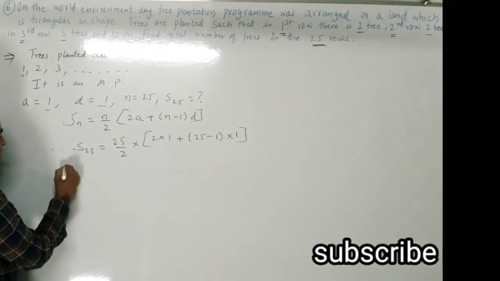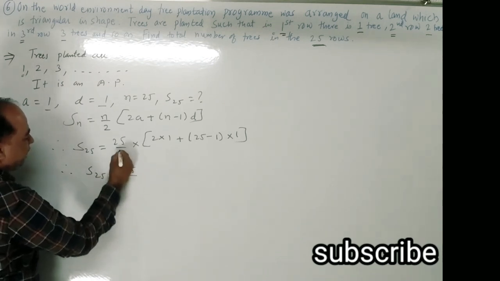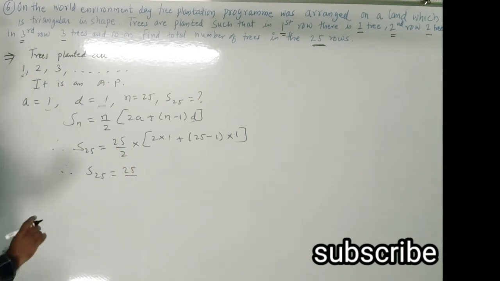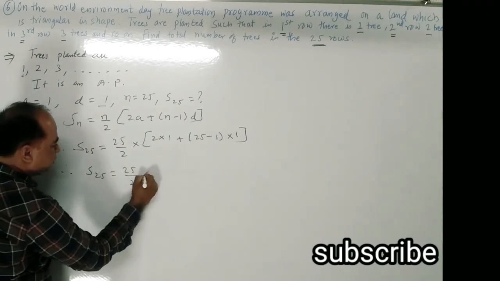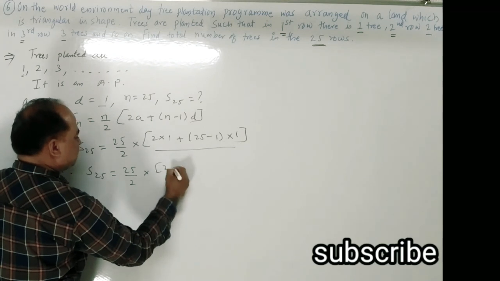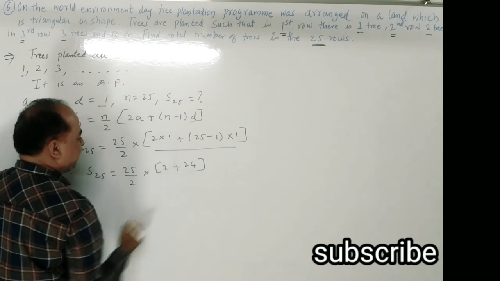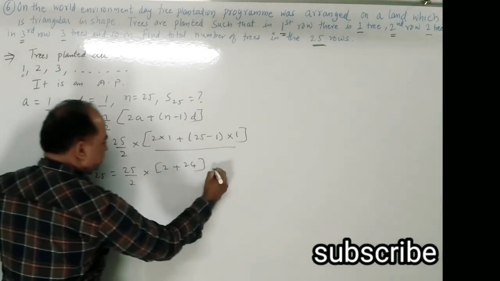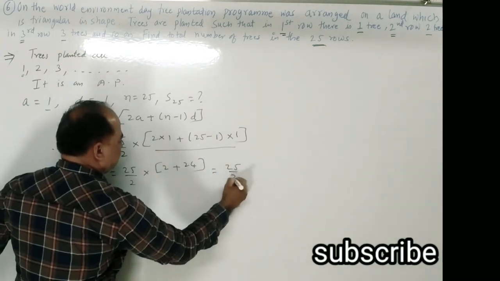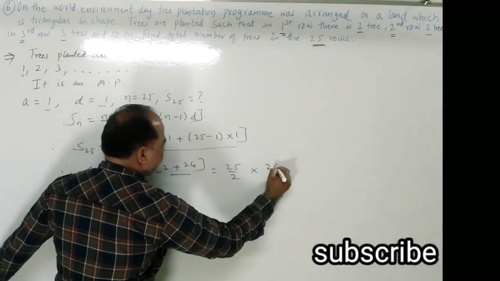After putting the values, simplify. 25 is not divisible by 2, so keep as it is 25 upon 2. Now simplify the bracket. 2 ones are 2 plus 24 into 1 is 24. Therefore 25 upon 2 into 24 plus 2 is 26.